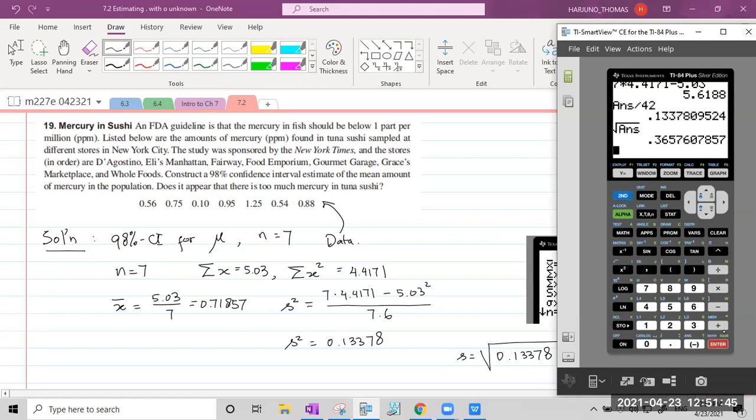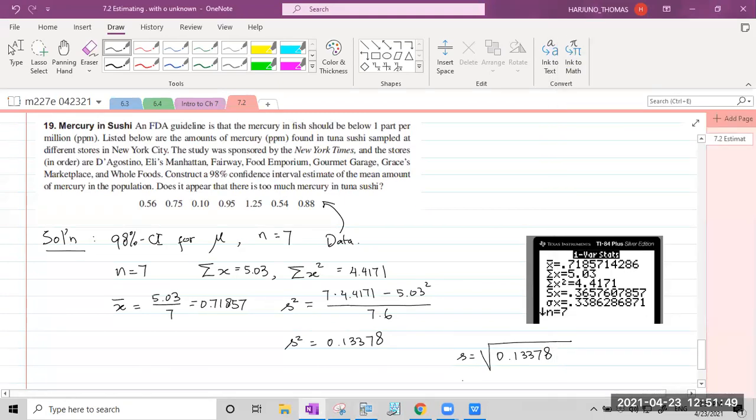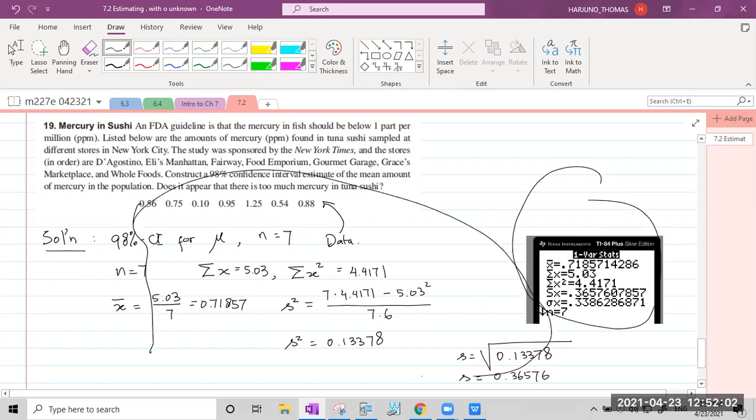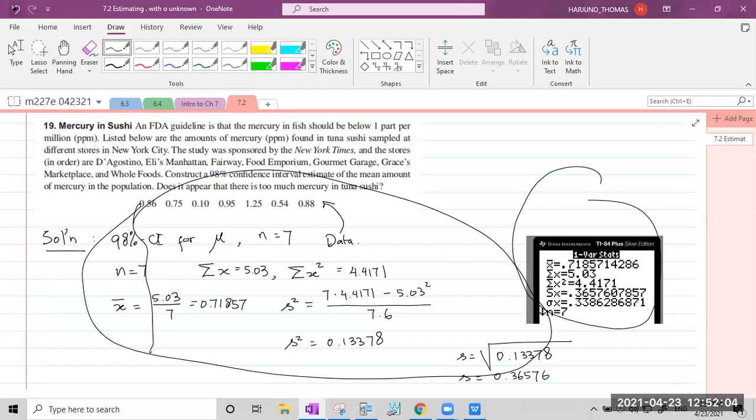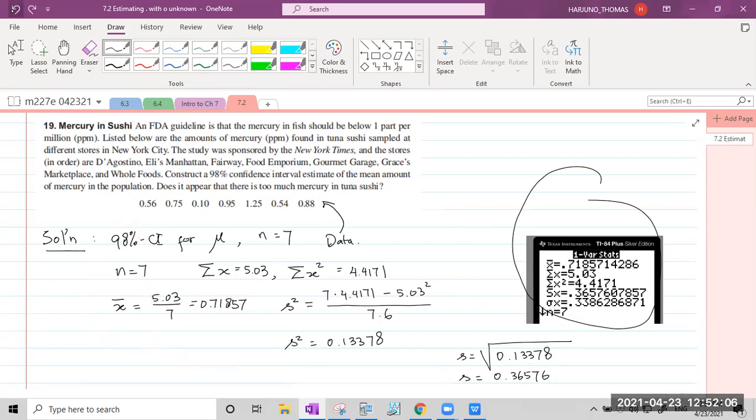I get 0.36576. Then you look at your screen again, but you don't show this to me, okay? You need to show this instead. This is the one you show me instead. But at the back of your mind, you know that you can use calculator to confirm your answer.